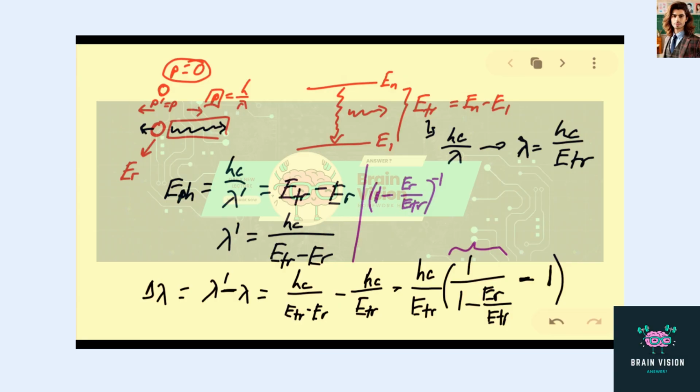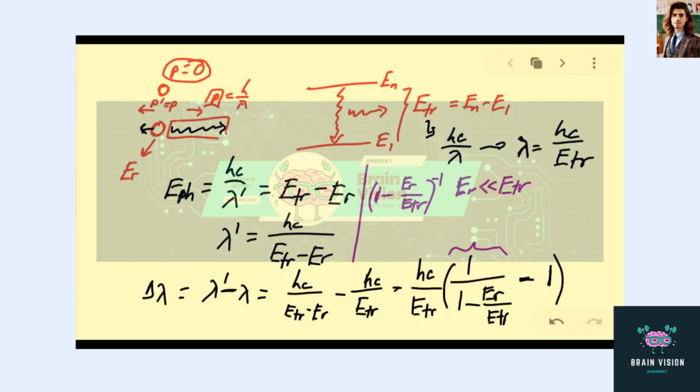Now we can assume that the recoil energy is much lower, much lesser than the total energy of the transition. This is our assumption, and we're going to revisit to see whether this is actually valid.